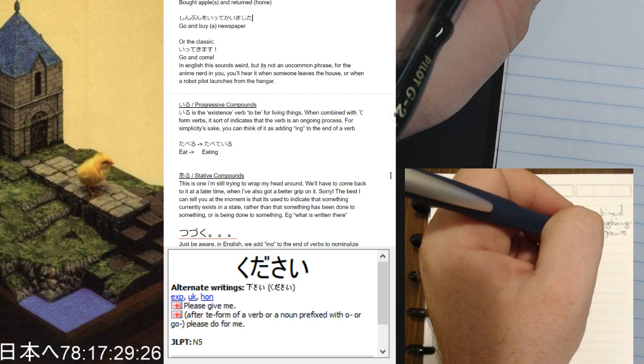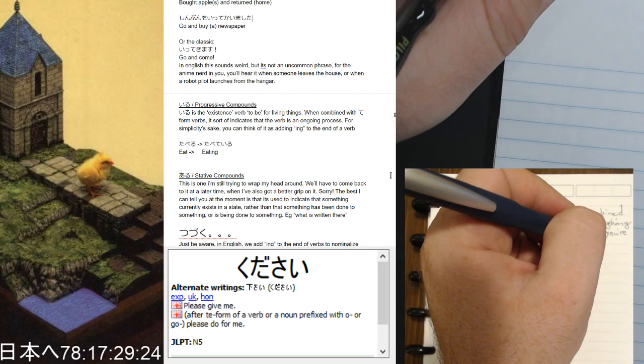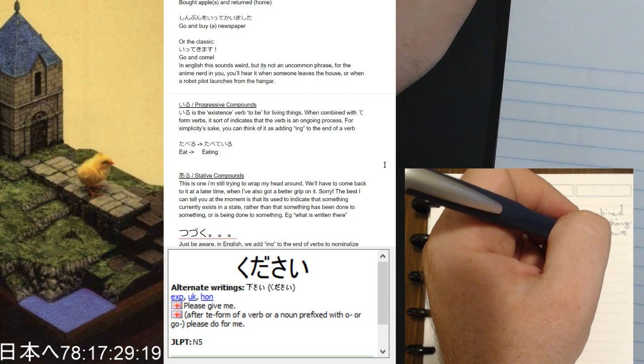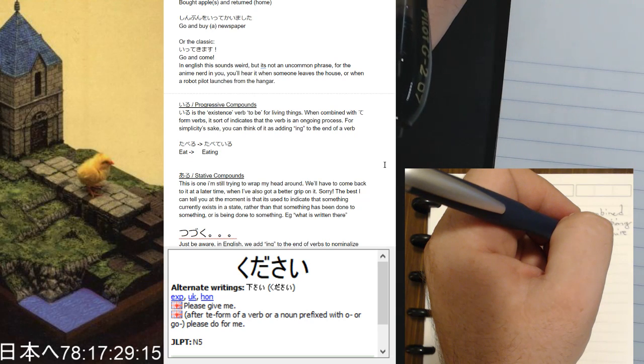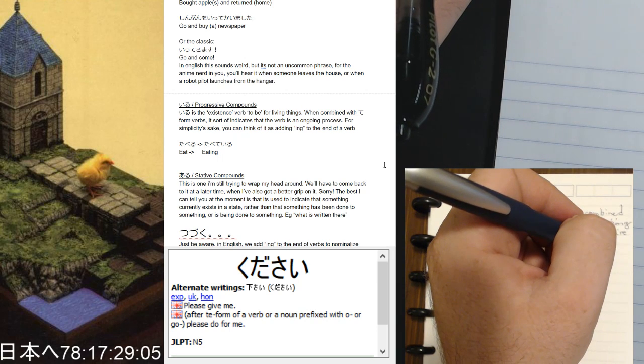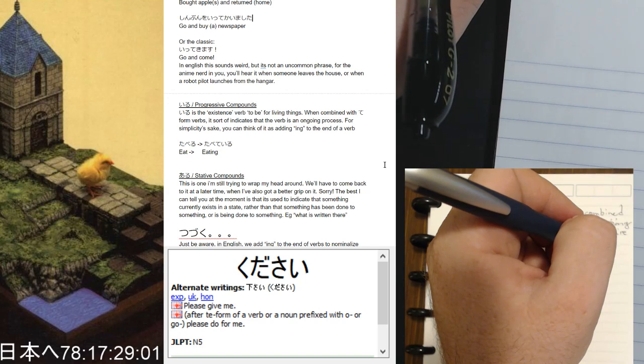So, sunde. What is that? That sunde is the te form of a verb I don't know how to use outside of the te form. I don't know how to unconjugate sunde.